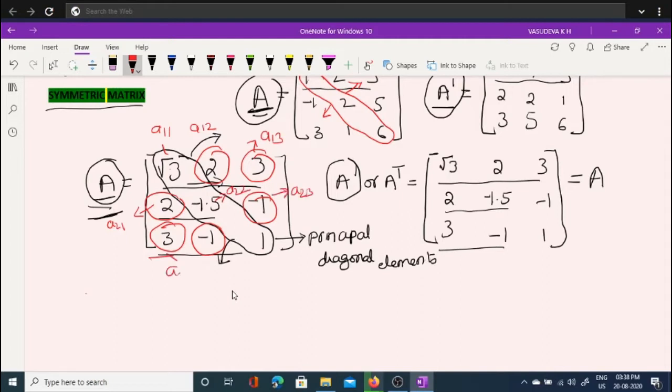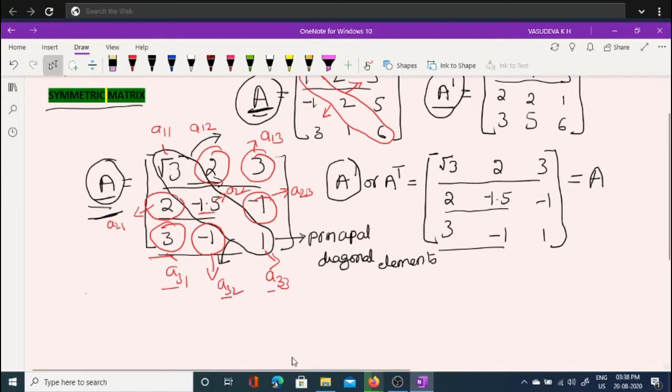So this is A31 and this is A32. Sorry, this element is A33. So the elements we have denoted as A11, A12, A13, A21, A22, A23, A31, A32 and A33.